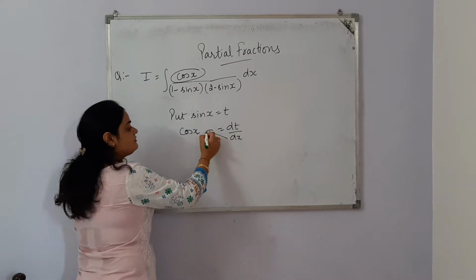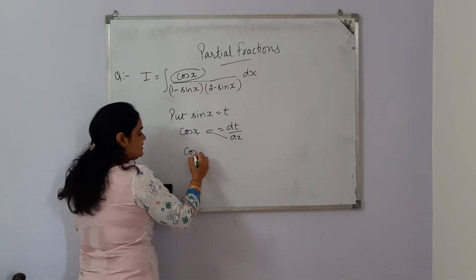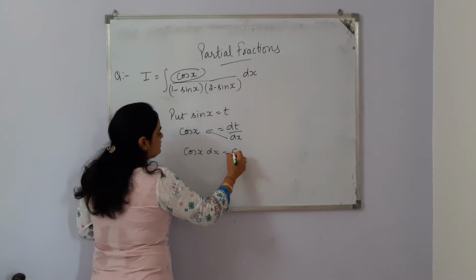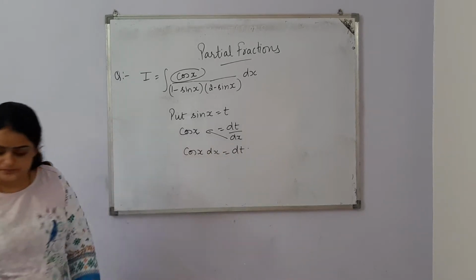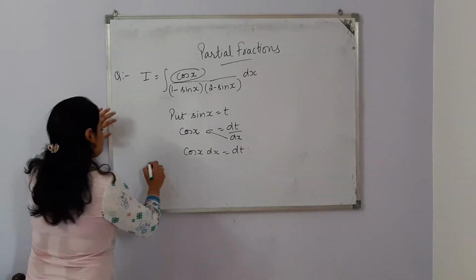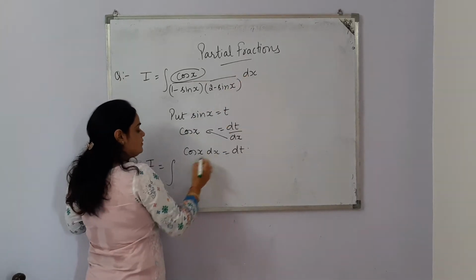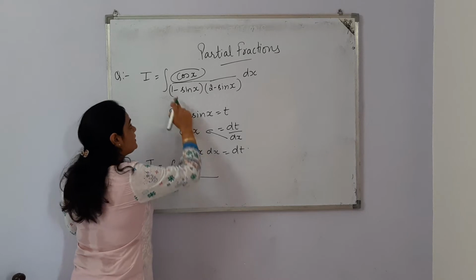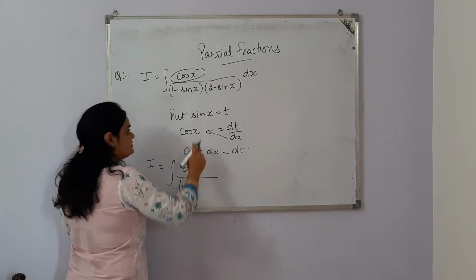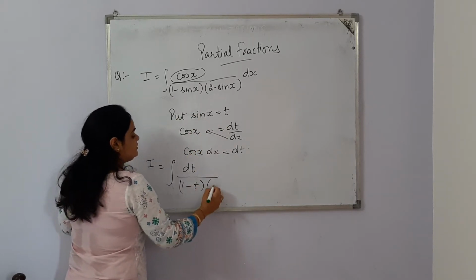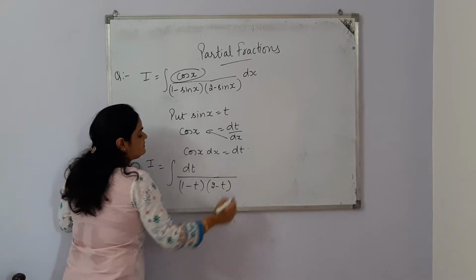So when this dx goes to this side, it becomes cos x dx is equal to dt. Now the integrand will become cos x dx, which is now dt, whole upon 1 minus t, since sin x is equal to t, and 2 minus sin x, which is 2 minus t.